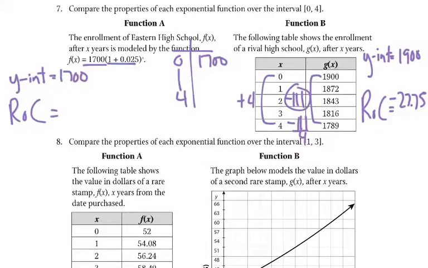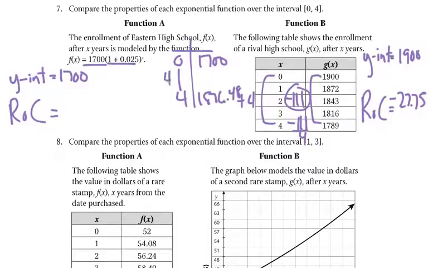So I put 4 in for x, so 1700 times 1 plus 0.025 to the 4th would give me, oh, messed up. I put 17, not 1700. Makes a big difference. So we get 1876.48. Looks like they were rounding, so let's just leave it like that and round later.